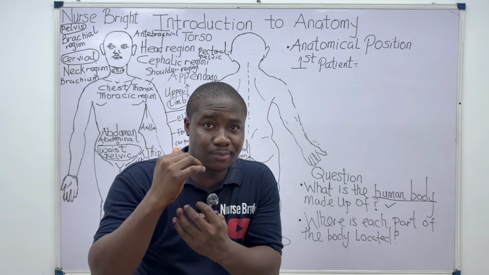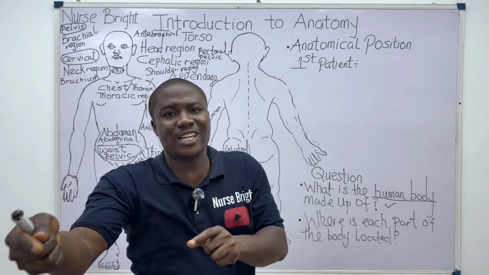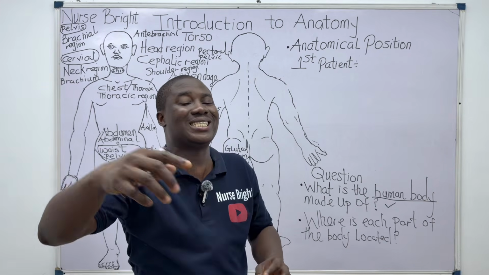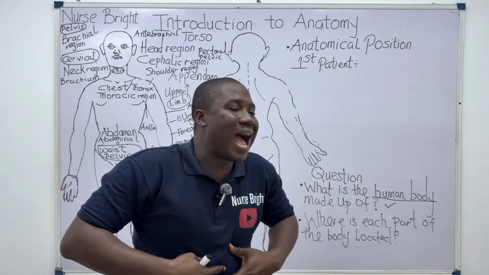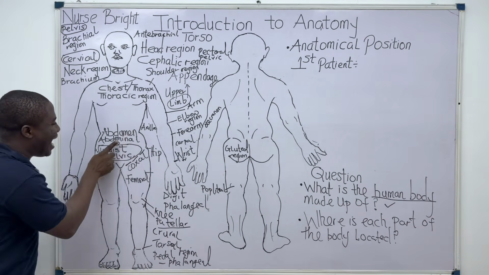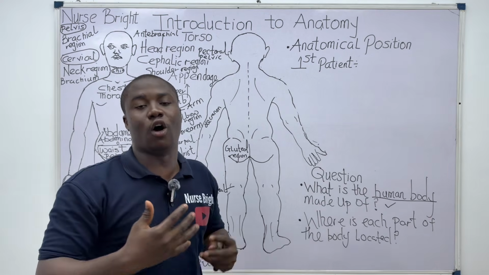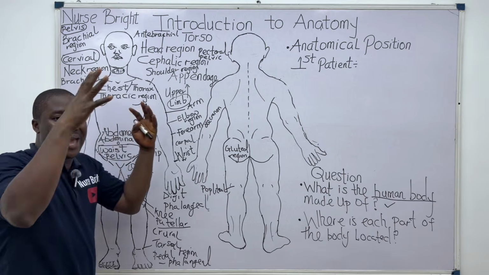If you listen properly, I said, where are you feeling the pain in relation to your stomach? Because the patients are complaining of pain in their stomach region, and you know the stomach is found in the abdominal region of the human body. So literally they are feeling pain in the abdomen generally.